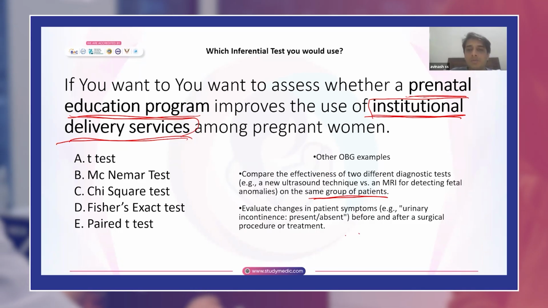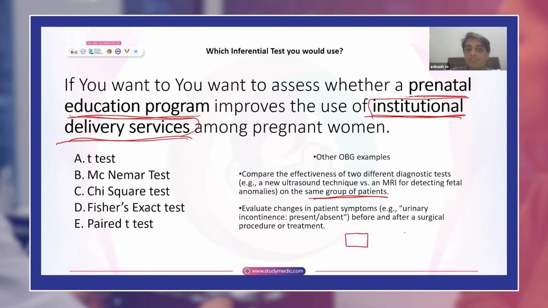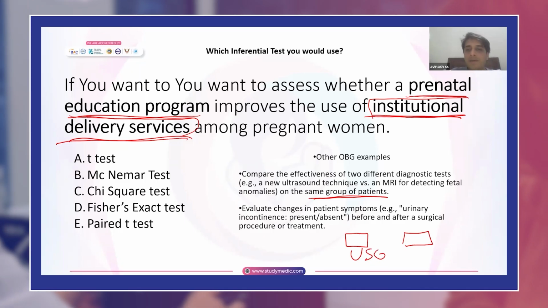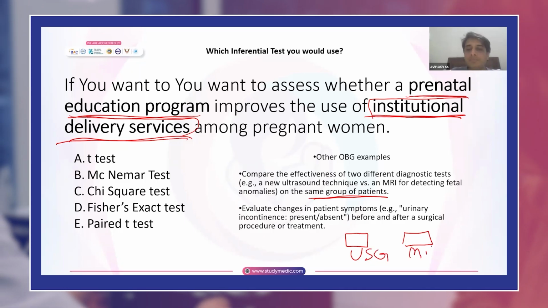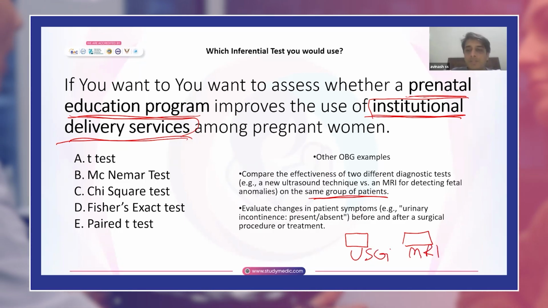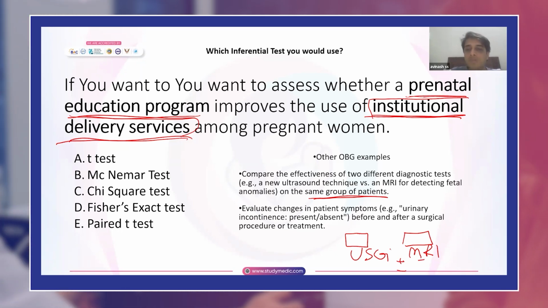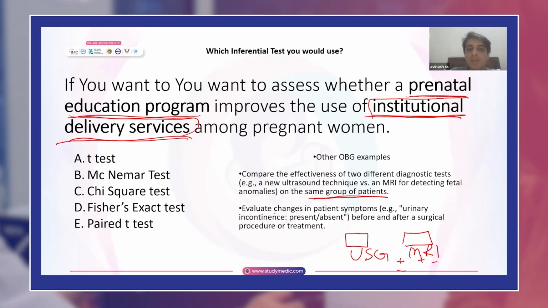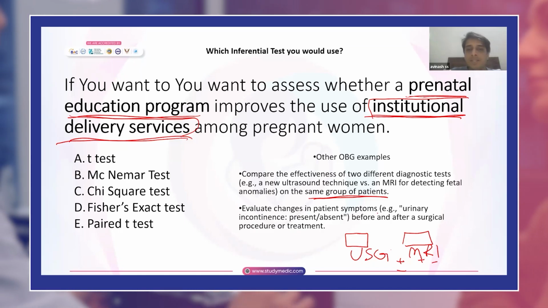So in the same group of patients, one USG finding and one MRI finding you are checking: USG plus, USG minus, MRI plus, MRI minus. You can see two categorical variables here, but the same group. Again, McNemar test.